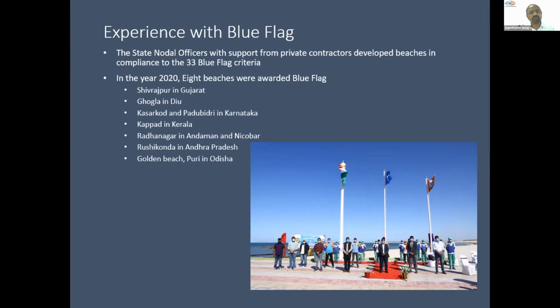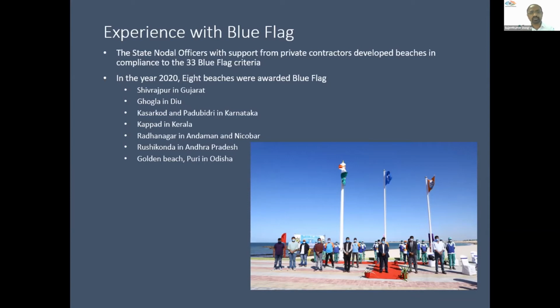What India did was, because we were very committed to having Blue Flag, we wanted to develop beaches in a manner which helps both conservation as well as protecting the natural resources along the coastal areas.